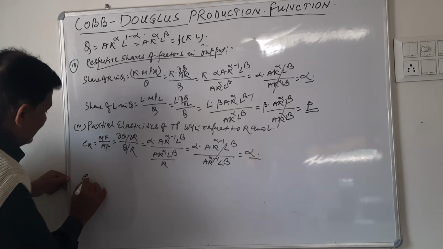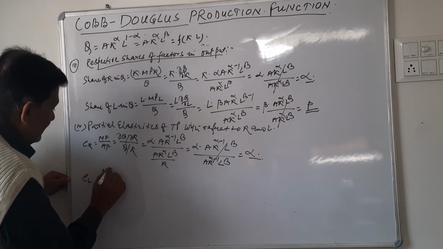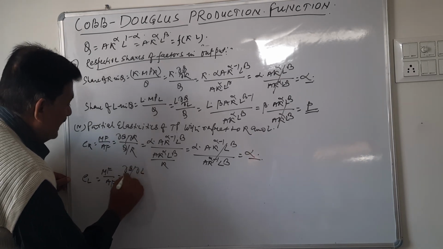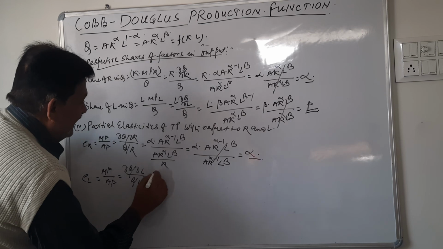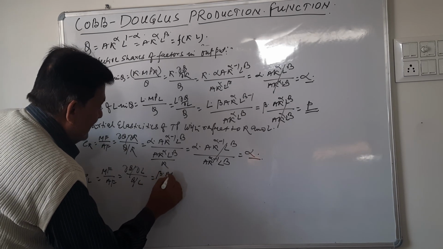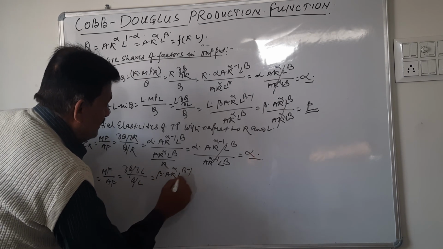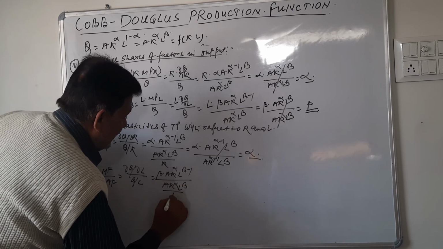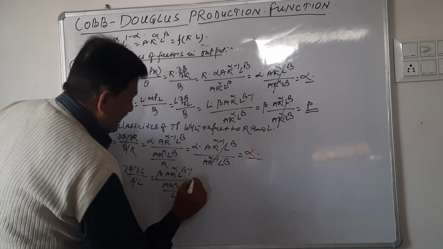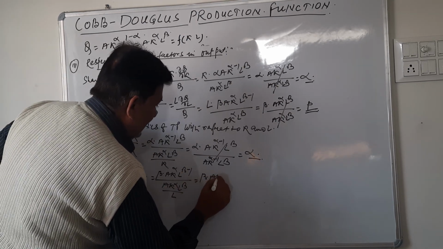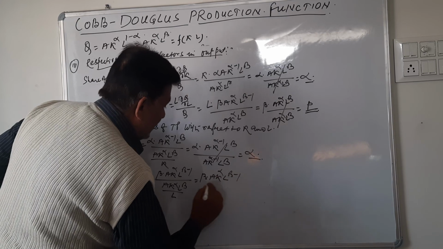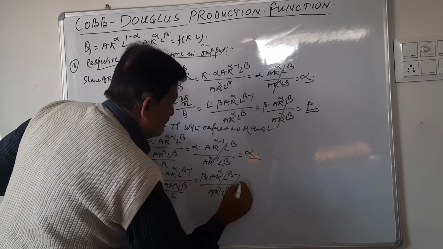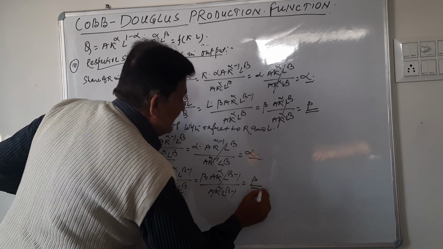And labor elasticity, marginal function by average function, delta Q by delta L over Q by L. It is beta A K to the power alpha L to the power beta minus 1, over A K alpha L beta by L. This L is being taken here, so beta A K alpha L beta minus 1 over A K alpha L beta minus 1. So once again it is beta.